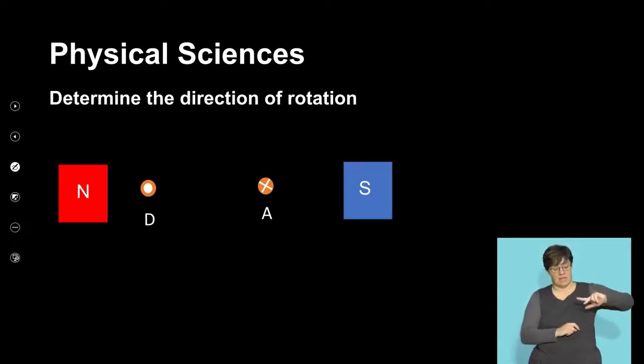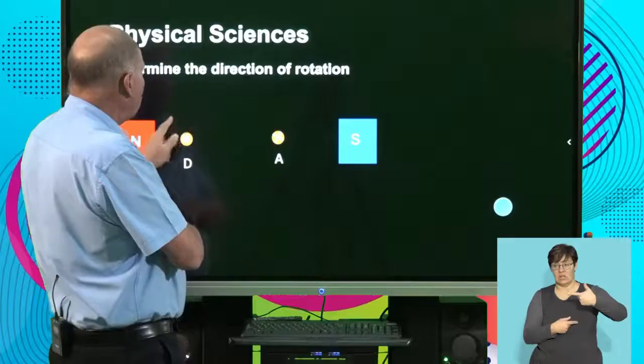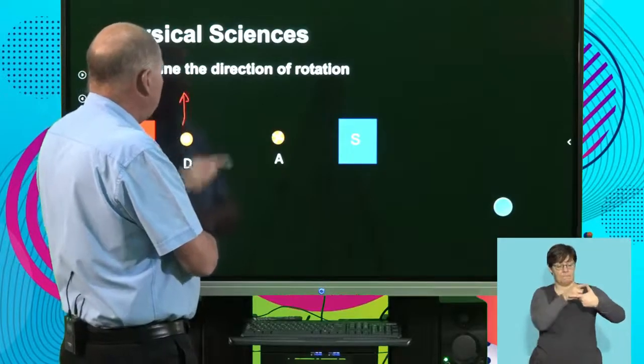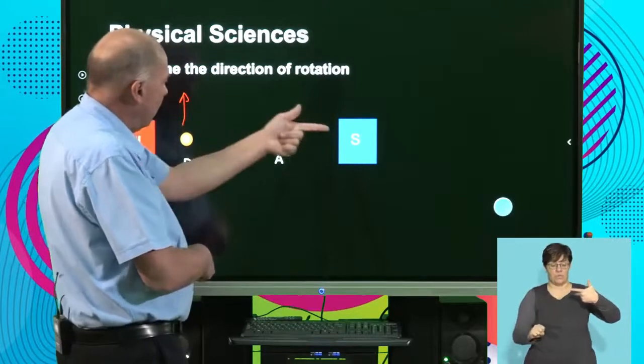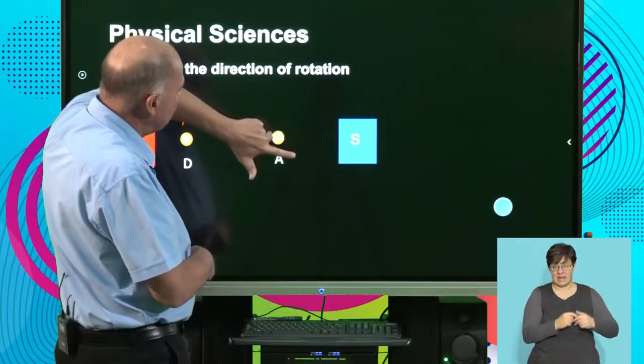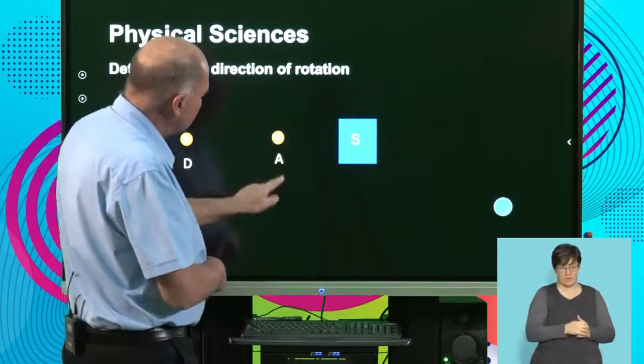The current goes in. Current comes out. The dot means the current is coming out. So the force must be up. Let's apply it to this side. And what we recognize here, north to south, first finger, current goes in, the force is down.